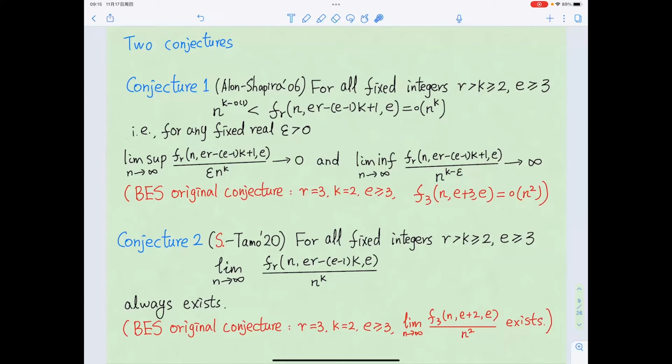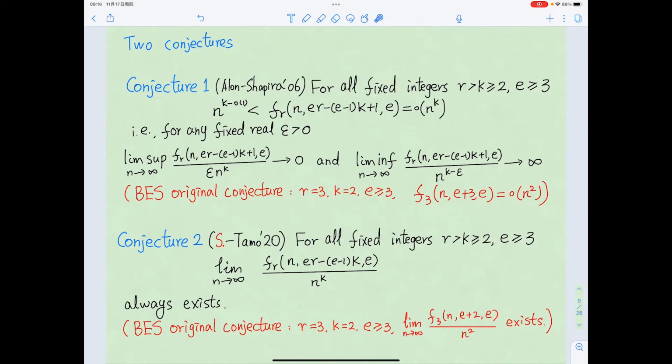I would like to mention that in the original paper of BES, they only posed this conjecture for the special case r equals 3 and k equals 2. So in the original paper, they conjecture that in a 3-graph, if the union of any e edges contains at least e plus 4 vertices, then the number of edges in this 3-graph must be of order little o of n squared.